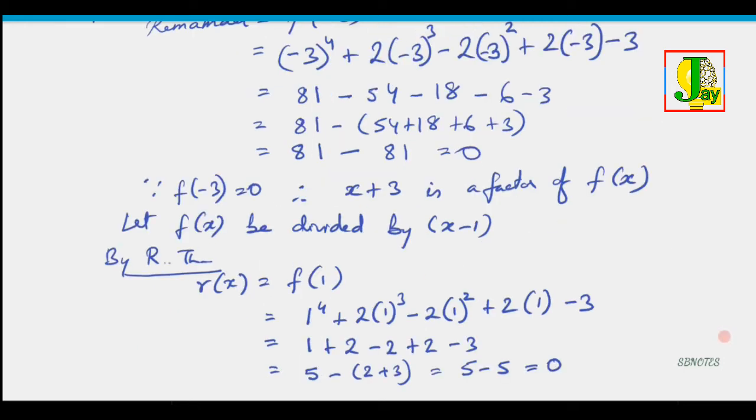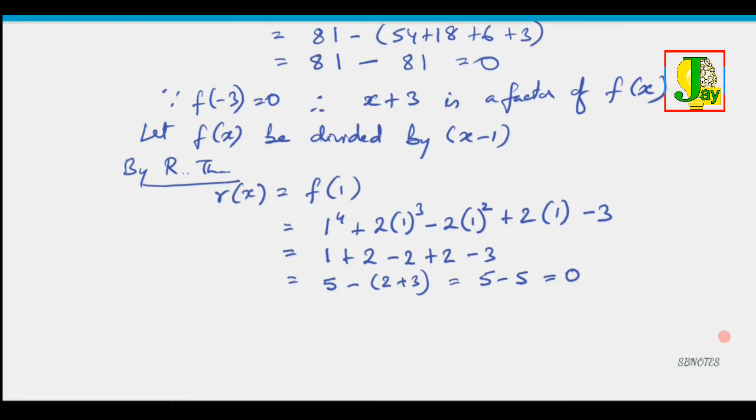So we see when dividing by x minus 1, we get again the remainder as 0. Now since f(1) equals 0, therefore x minus 1 is a factor of f(x).